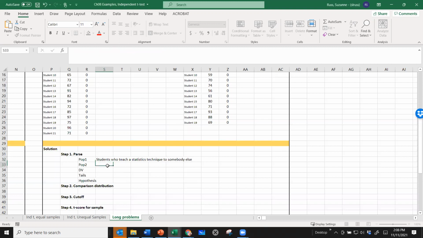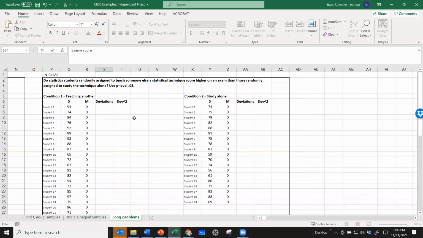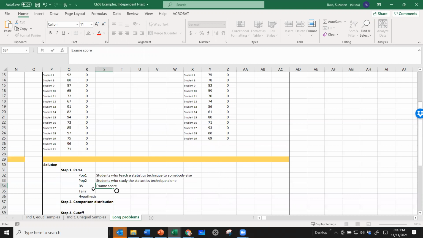And population 2 that we're comparing it to is students who study the statistics technique alone. Our dependent variable is exam score. It says that we are looking to see whether the ones who teach the technique score higher, which makes it a one-tailed test.